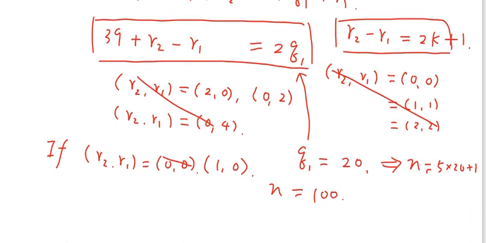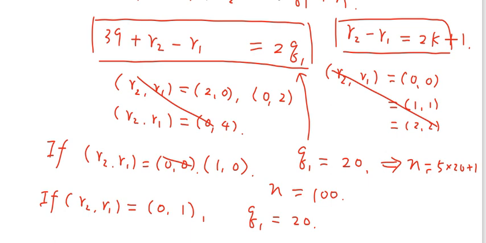Okay, let's check some other case. How about R2 equals 0, R1 equals 1, like R2 minus R1 equals negative 1? So R2 minus R1 equals 1 in absolute value, so this is also okay. In this case Q1 is also 20, right?